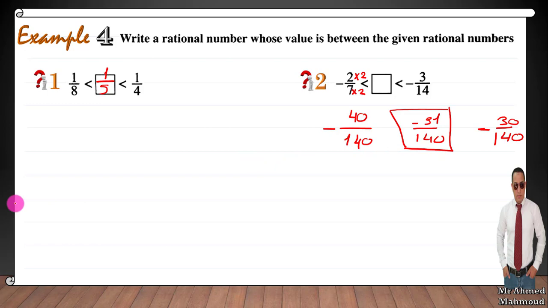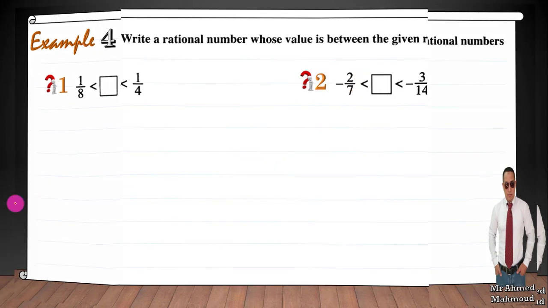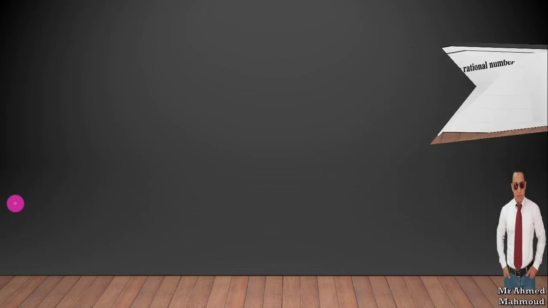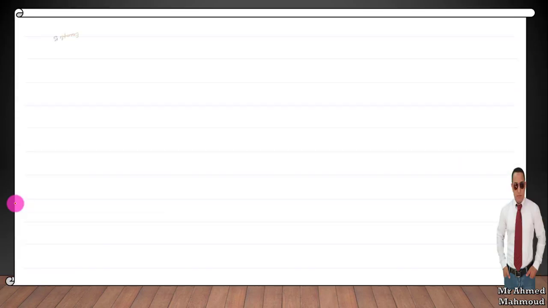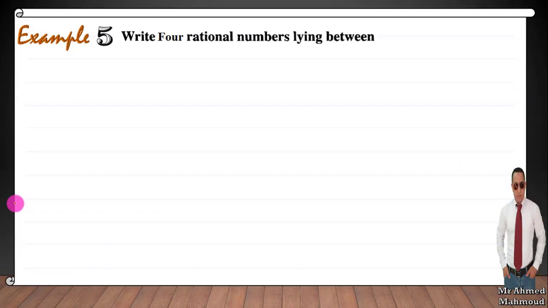Okay, the next question. Now example 5. Write rational numbers lying between 1 over 2 and 4 over 5. Now he needs 4 rational numbers between the two numbers 1 over 2 and 4 over 5. Okay. I'm going to switch the denominators to make a common denominator.